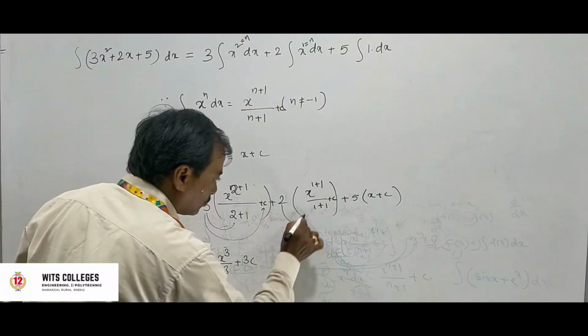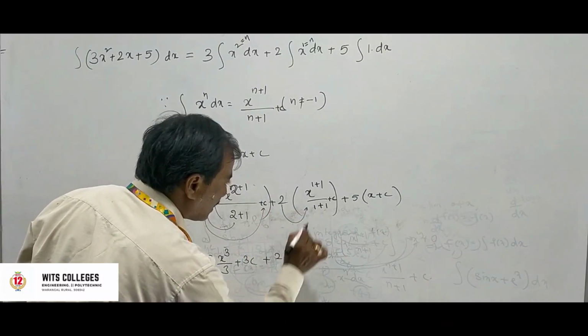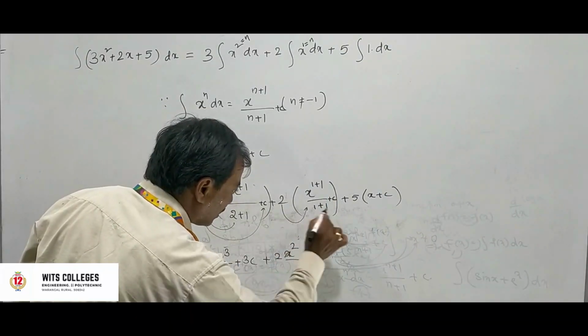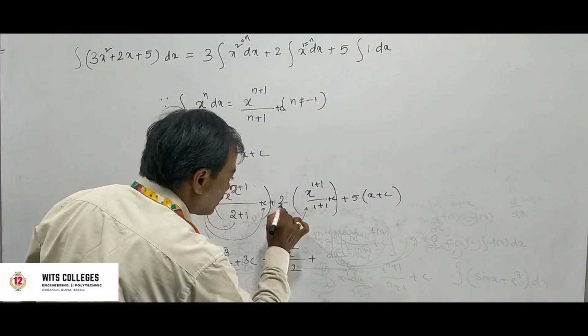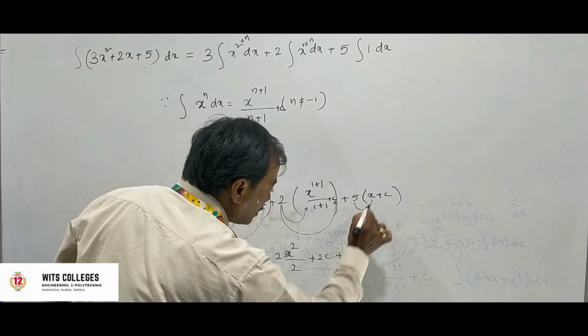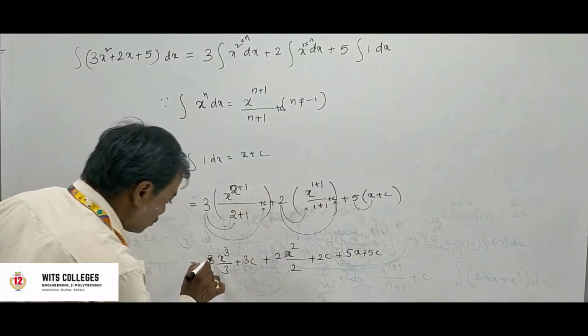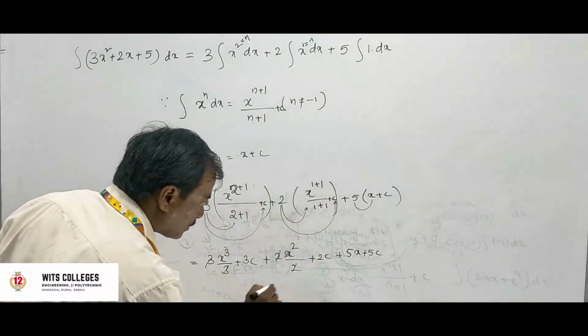Okay, then we have to write this: 1 plus 2x to the power 1 plus 1, 2 by 1 plus 1, 2, plus 2c, 2c plus 5x plus 5c. So this 3 cancels, this 2 cancels.